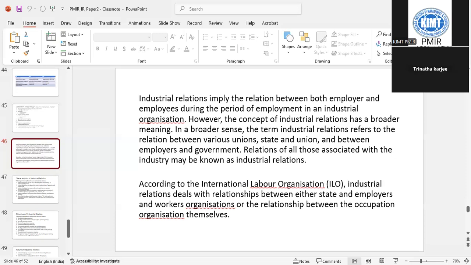It could be related to your salary, your compensation, your negotiation, your different facilities, and your timing. Suppose the organization is telling you to work a night shift and you did not agree to it. That is a conflict. Including all these conflicts, the relationship can be good or bad.